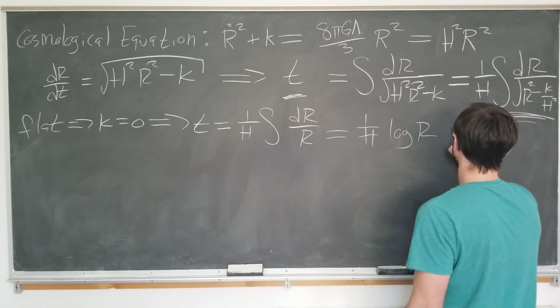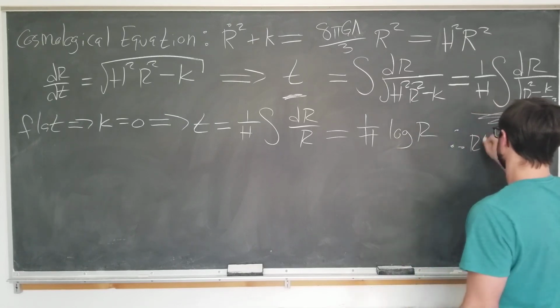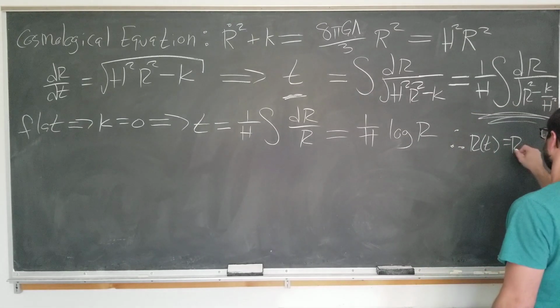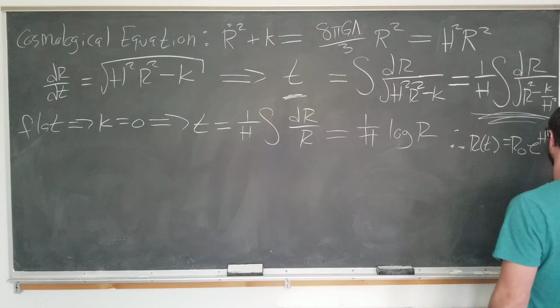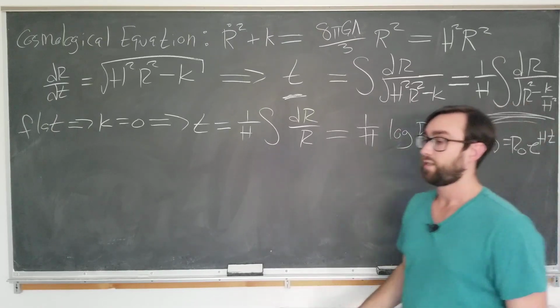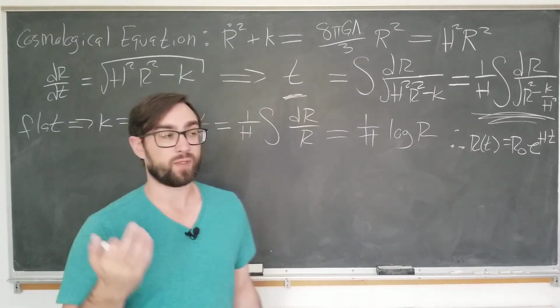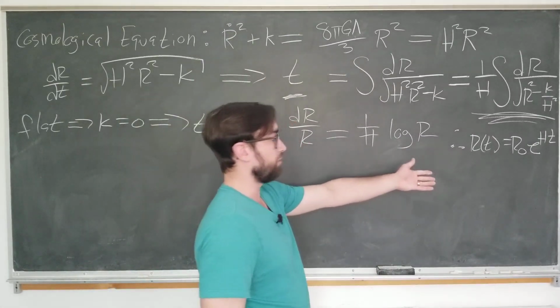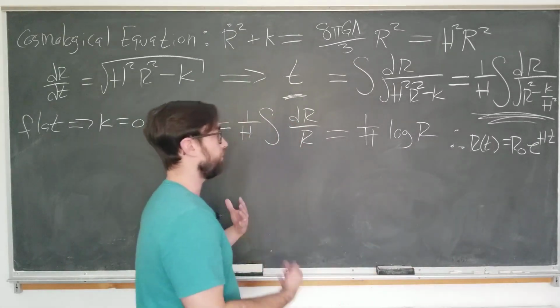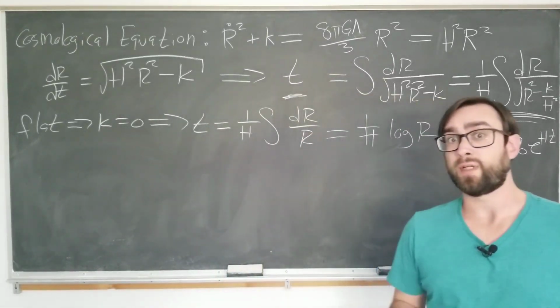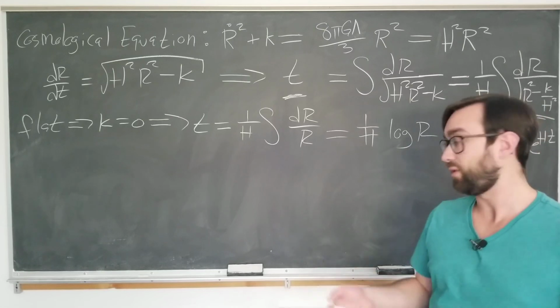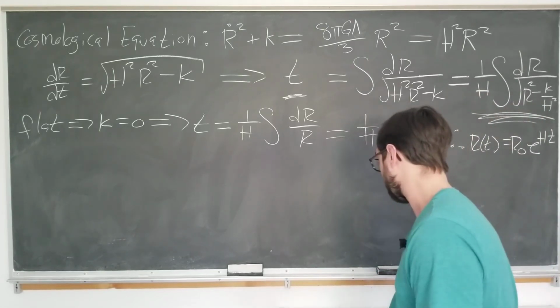So we know that r of t is then some constant, r naught, times e to the Ht, which should look familiar. This is the Hubble formula of the expanding universe, basically, for a flat universe. This equation is going to generalize that to the closed and the open universes momentarily.